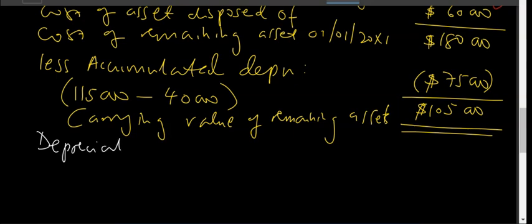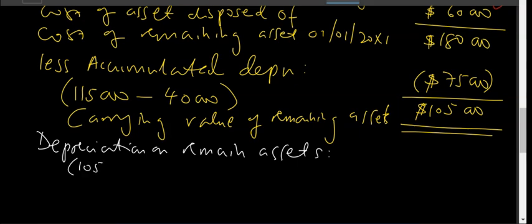Depreciation on remaining assets: the remaining assets are now worth 105,000, multiplied by 20%, which is the reducing balance rate.